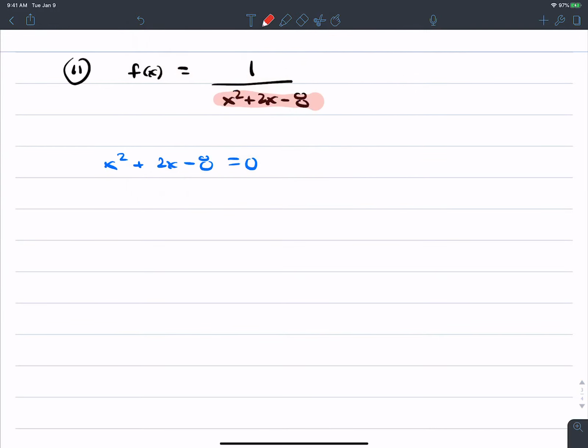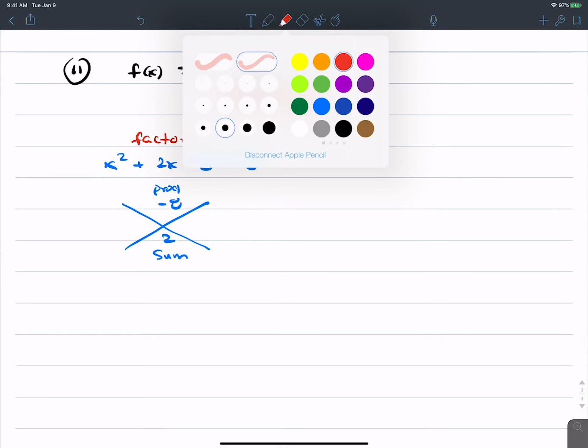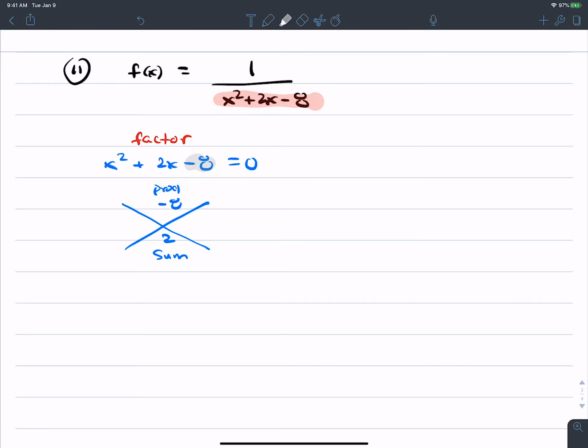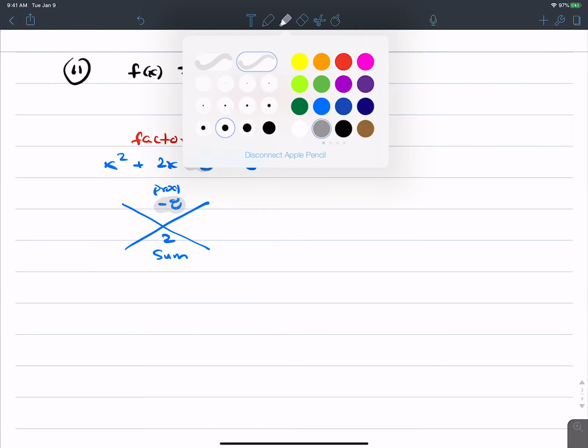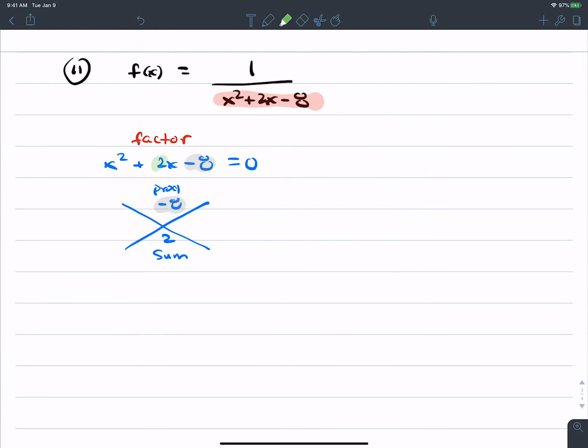Now again, we factor. So if you like, review your factoring. Remember, the product has to be negative 8, and the sum has to be positive 2. Because this number goes here, and this positive 2 goes here.